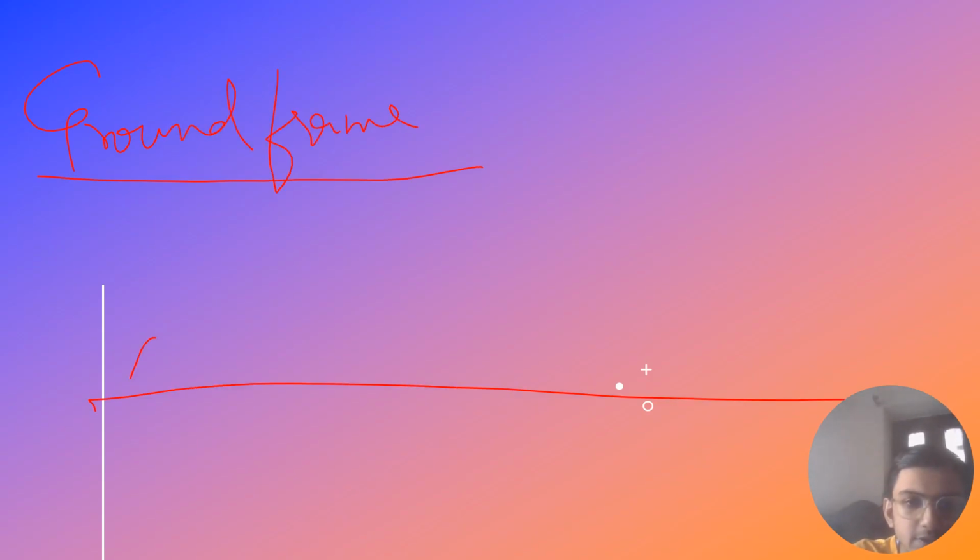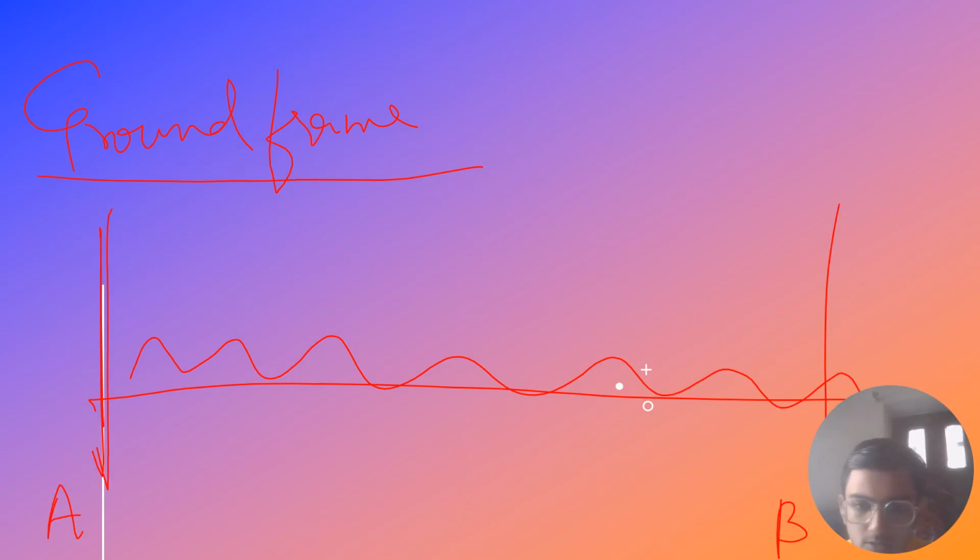Suppose this is the ground frame, and we are taking these two points. Suppose this is point A and this is point B. There are two points A and B, termed the end points of the ground frame.